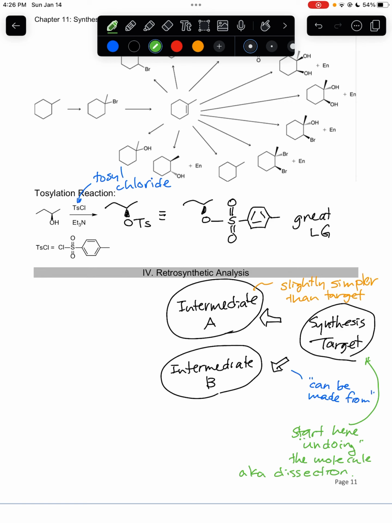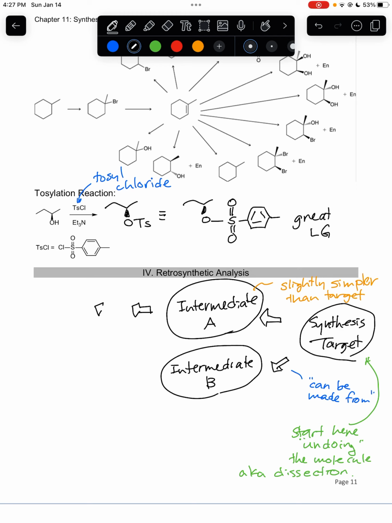of the molecule. Okay. Now, a lot of molecules take more than one reaction to make. So we established that we can make this target from these two molecules, A and B, but those may not be commercially available. We might still have to make these. So then you have to think about how these molecules could be made.